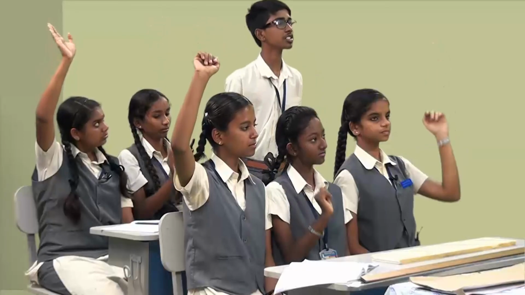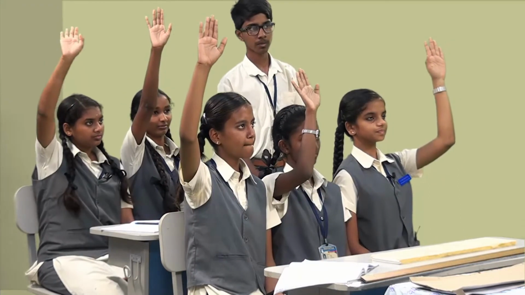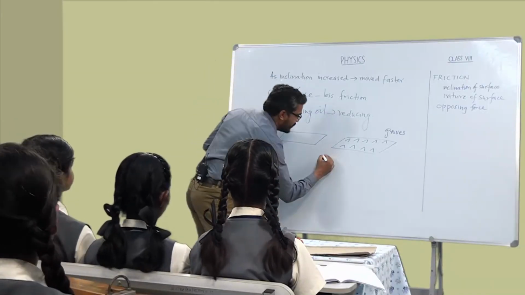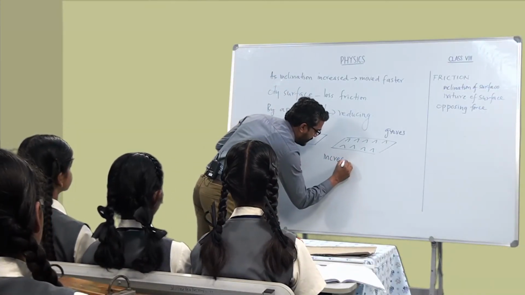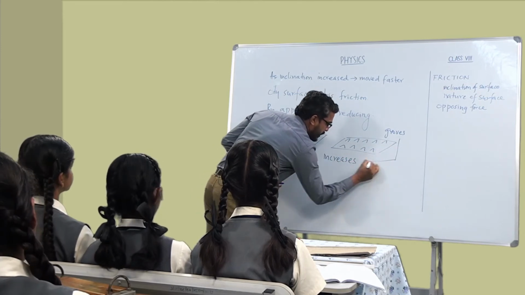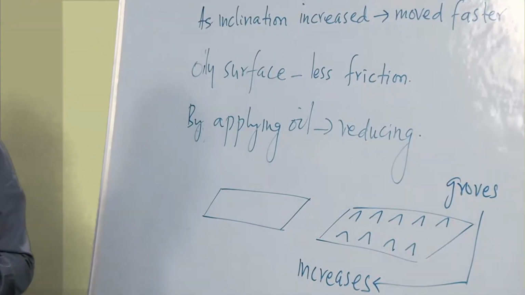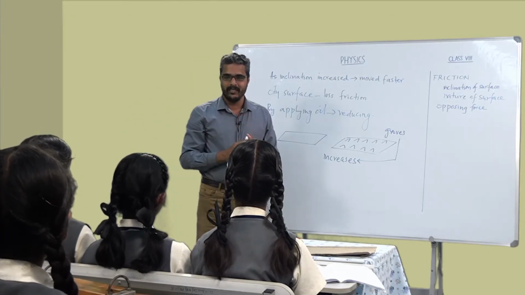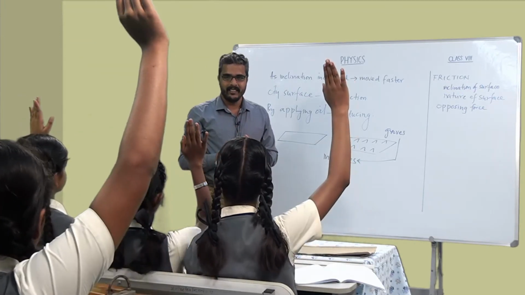Sir, it reduces the friction. Is it correct? No, sir. No? Trupti? So it increases the friction. So grooves increase the friction, right? So in order to reduce the friction, what should we do? Ritusha? We have to apply oil.